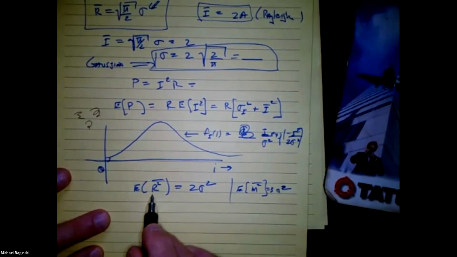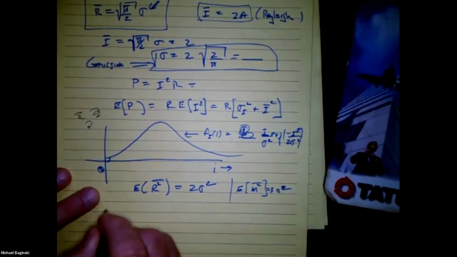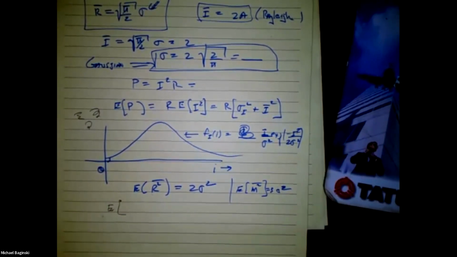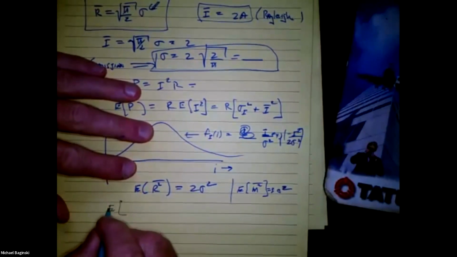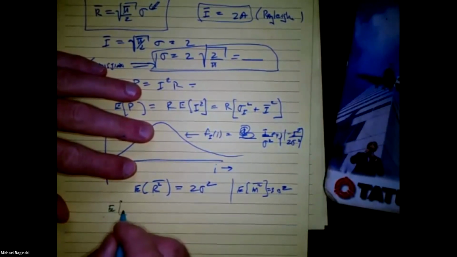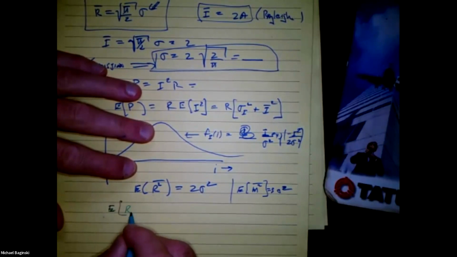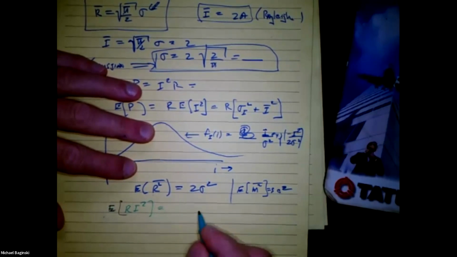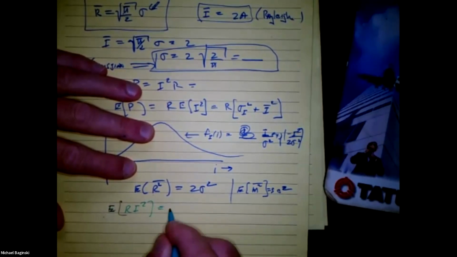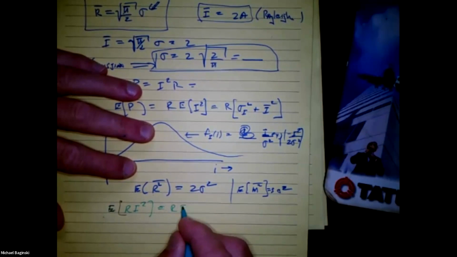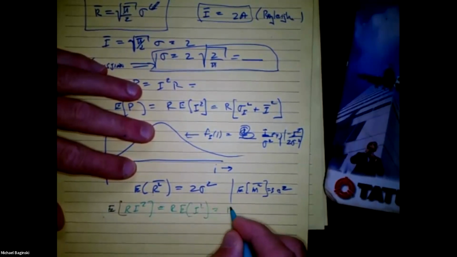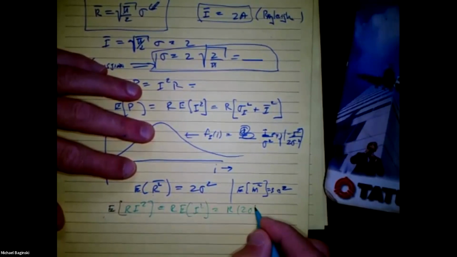So for R, we know that the expected value of R times I squared is actually going to be R times the expected value of I squared, and that's just going to be R times 2 sigma squared.